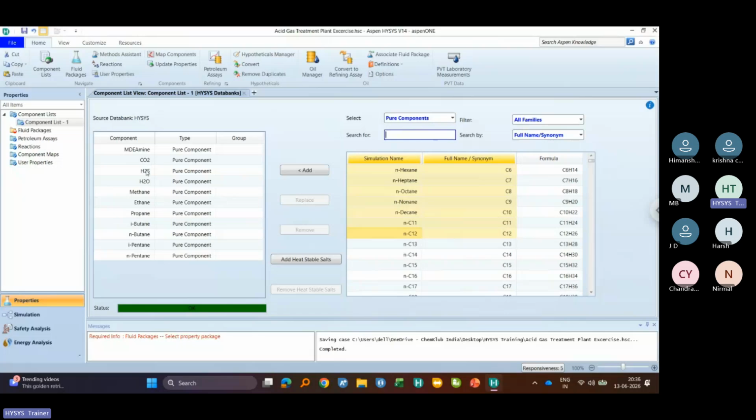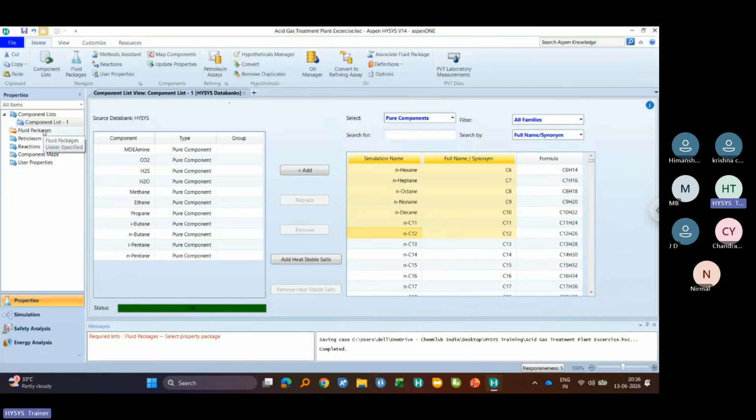I will not click on any property package. If it senses that it has amine, CO2, H2S, and water, meaning amine plus water forming the amine solution, with these two acid gases CO2 and H2S and a natural gas stream containing them, it will by default select that fluid package for me. Let's see how it is done.